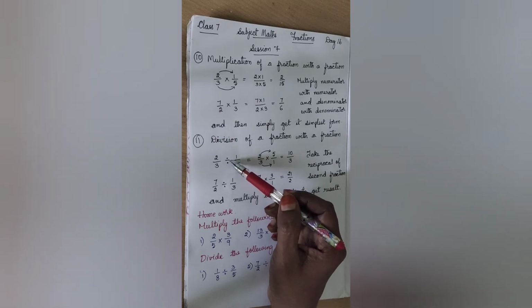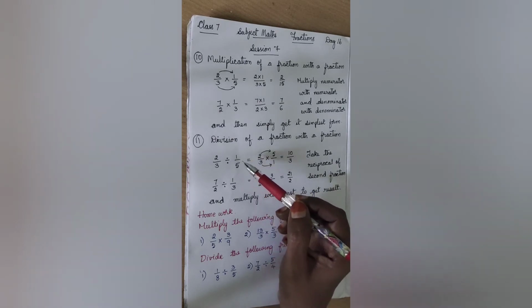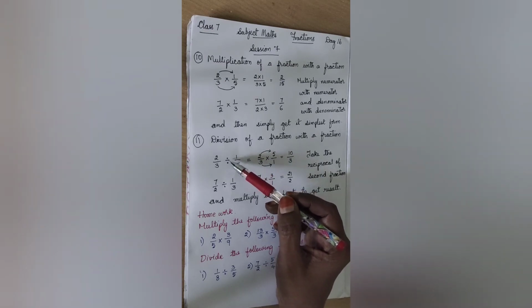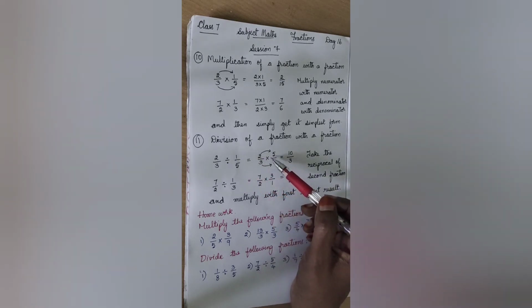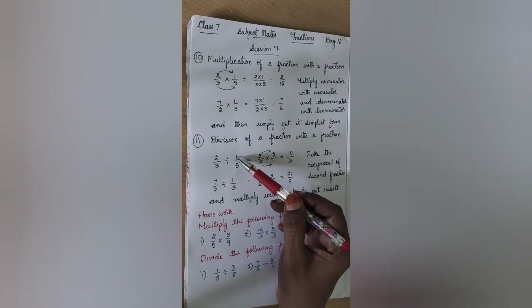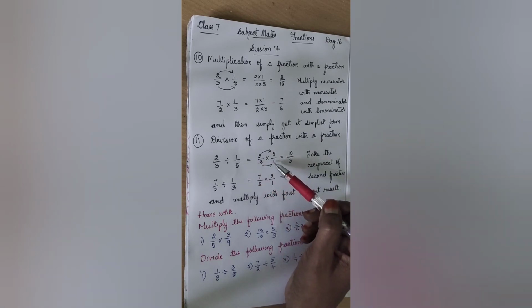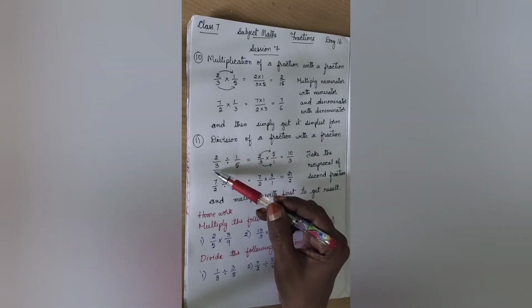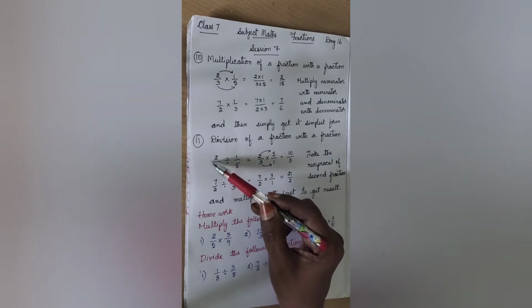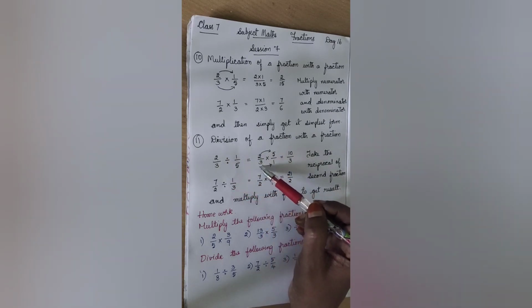When you have to divide, just simply reciprocate the second fraction and change the division symbol into multiplication. So when you reciprocate 1 by 5, what do we write? 5 by 1. The first fraction will not change. The first fraction will remain the same.